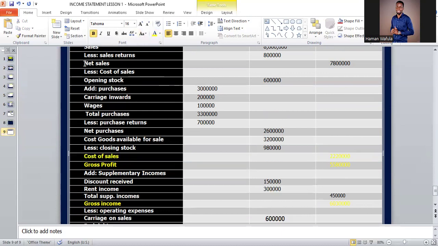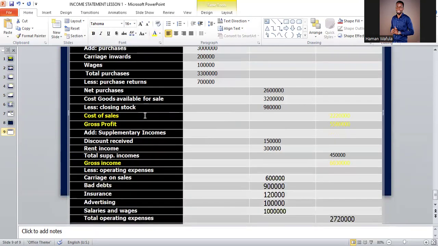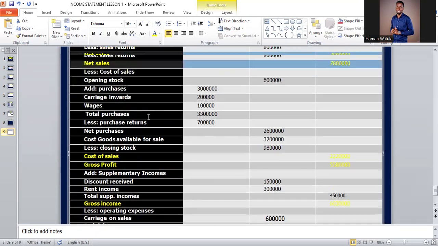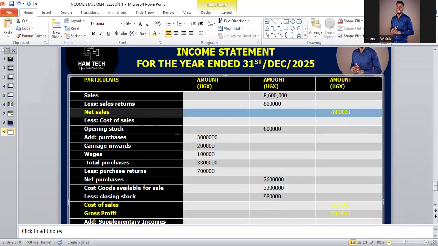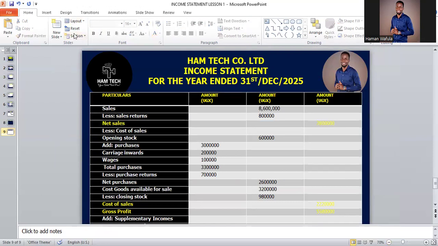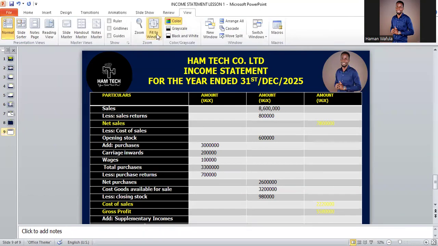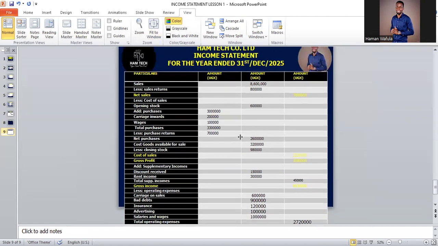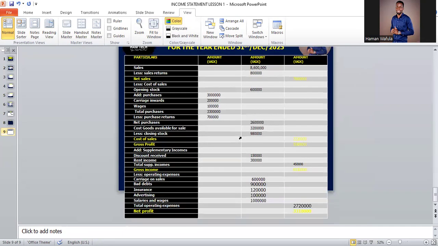Then we can also have our net sales here. So this is our income statement. Let me just try to make it fit, so that you can see, though it is small, you can see the title and how neat it looks.